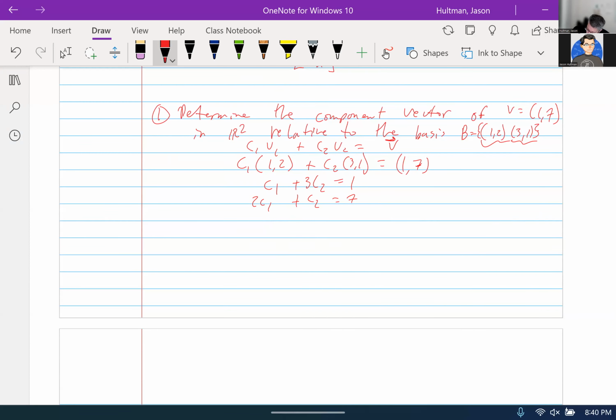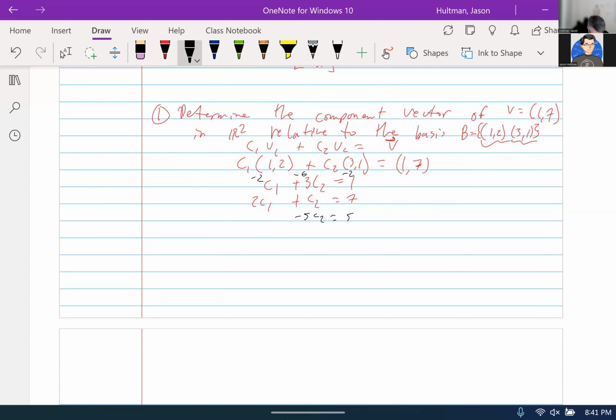I'll eliminate a variable here and multiply the top by -2. So this would be -2 and then -6 and then -2, right? And if we add that together, we eliminate a variable and get -5C2 is equal to 5.